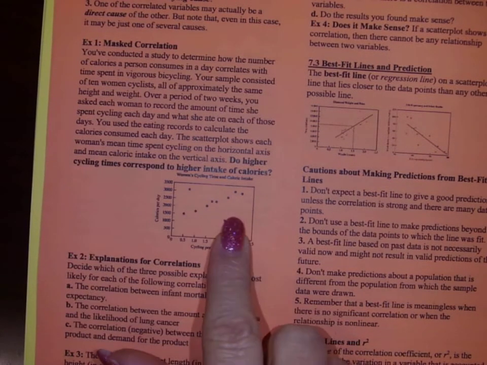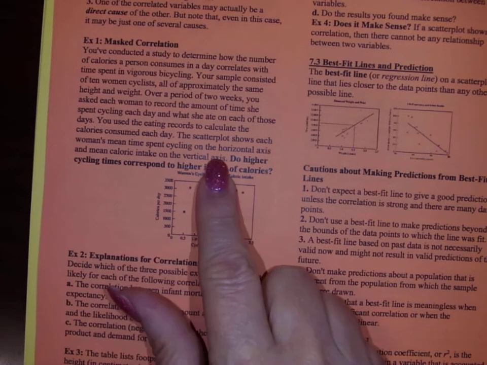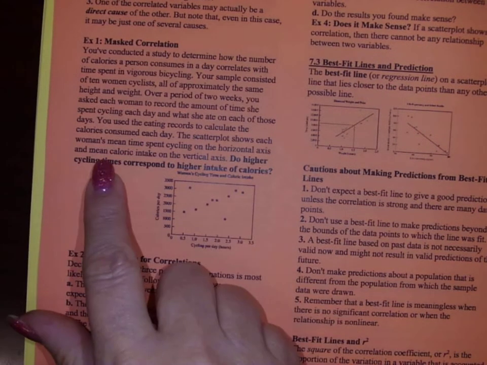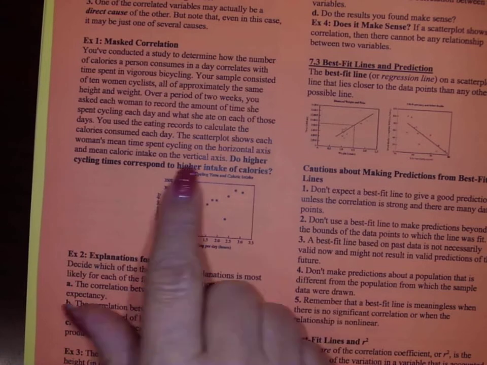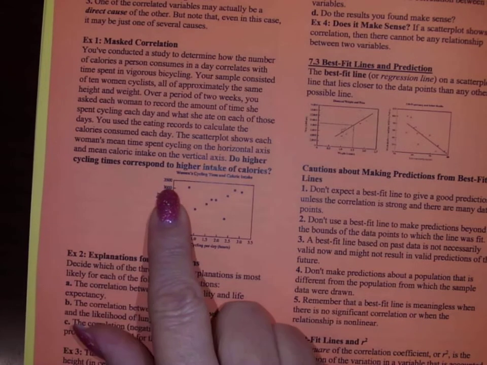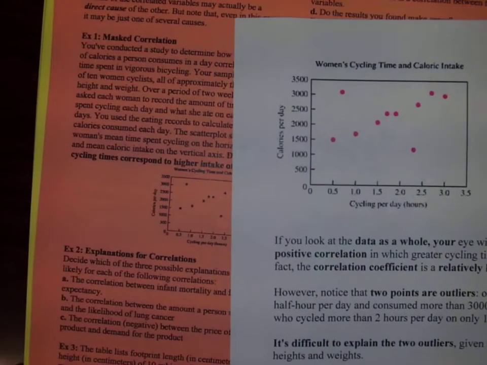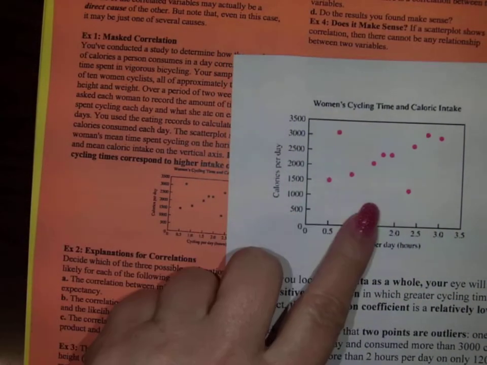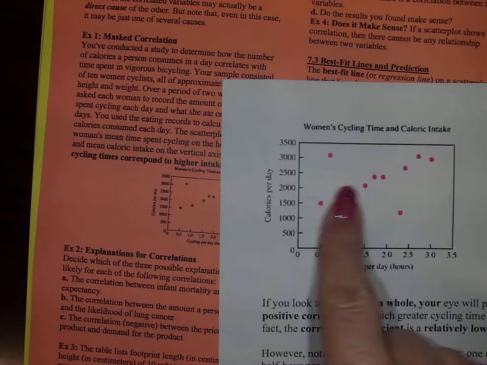The scatter plot here shows each woman's mean time spent cycling on the horizontal axis and the mean caloric intake on the vertical axis. Do higher cycling times correspond to higher intake of calories? If we look at a blow up of our graph here, these are our data points.